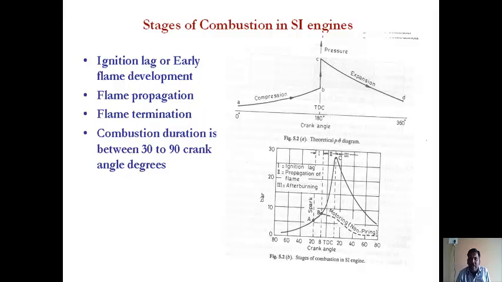Based on these 3 points, we can divide the combustion process into 3 different stages. The first stage is called the ignition lag period or early flame development. It is the time duration between point A and B, between spark ignition and the starting of the combustion process.